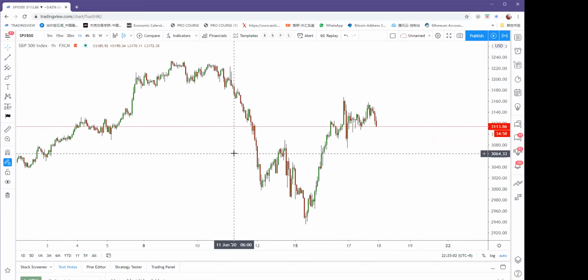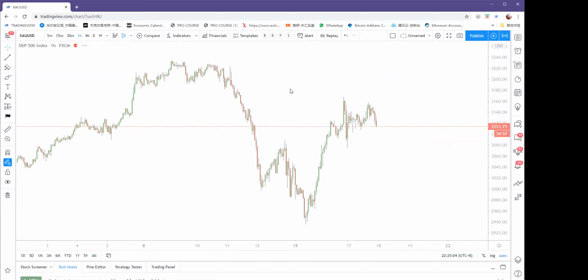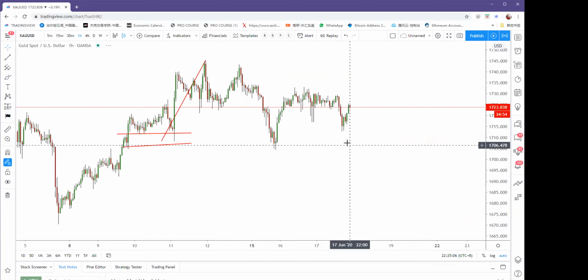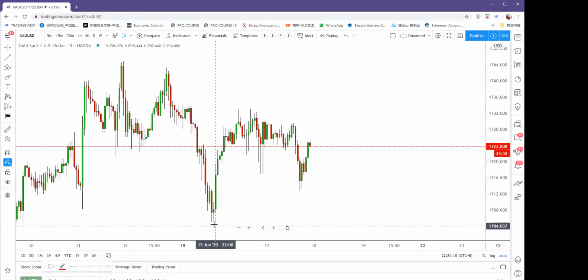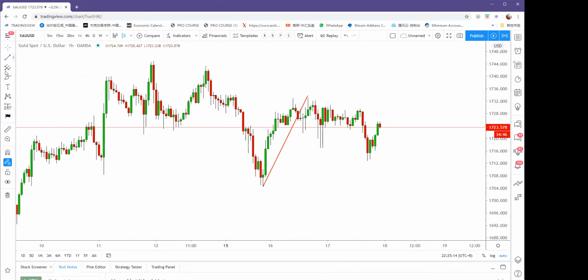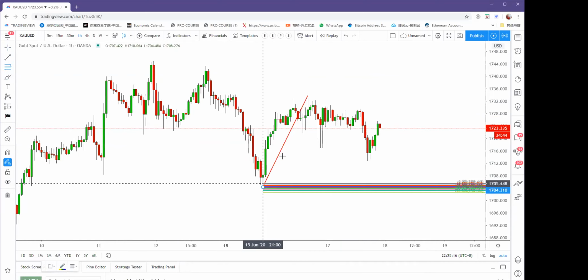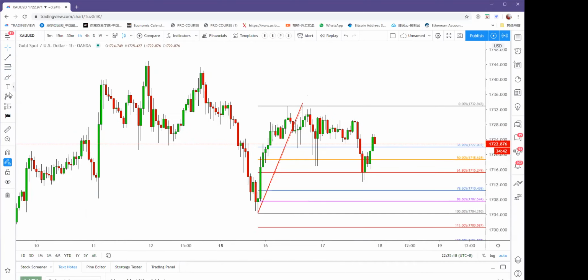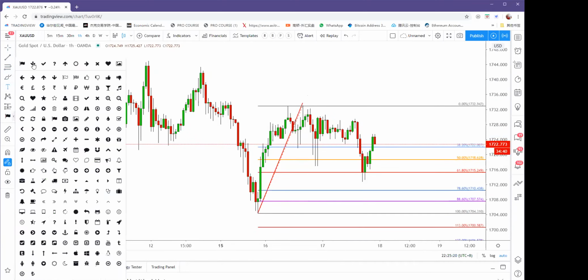Let's discuss what the trade setups are for this week. First of all, let's go for the gold. The gold already pulled back. It formed this leg, and now it's coming back to the 618 level, and we find good price action here.